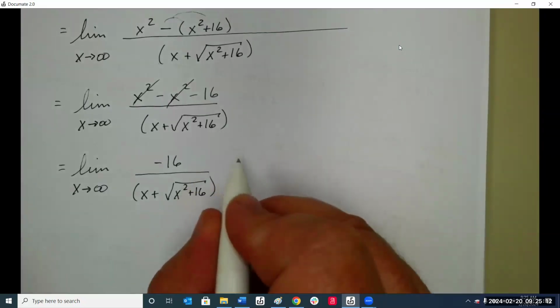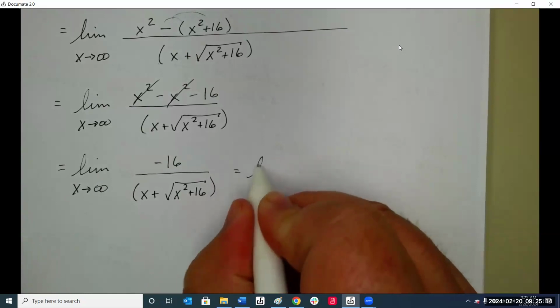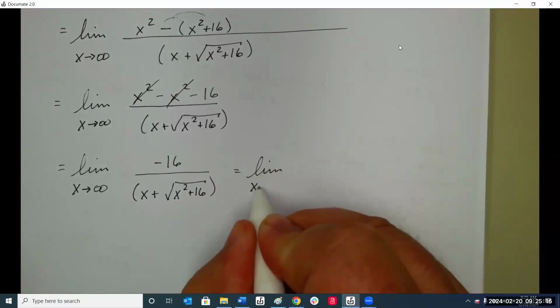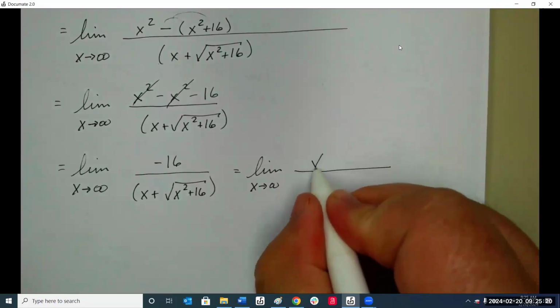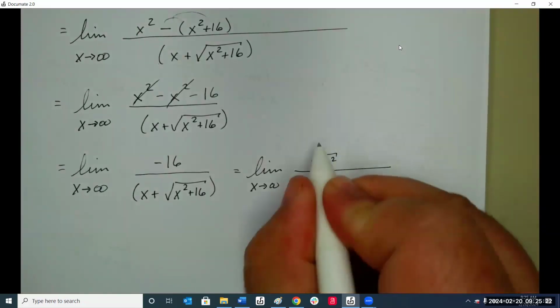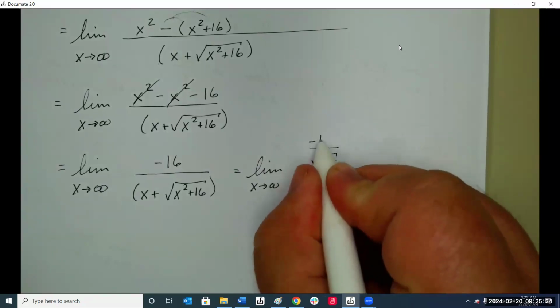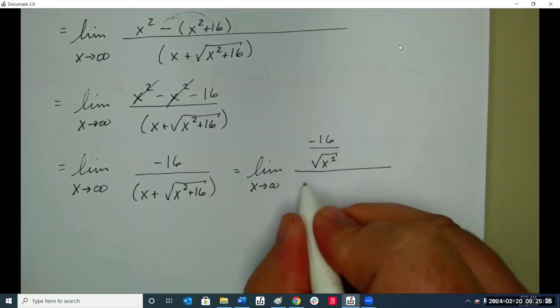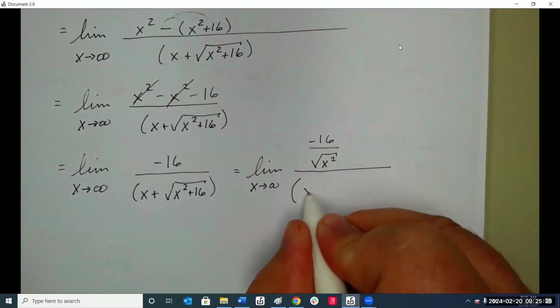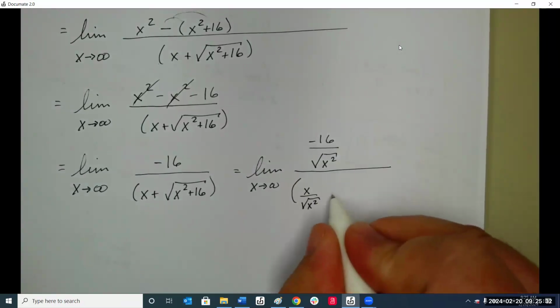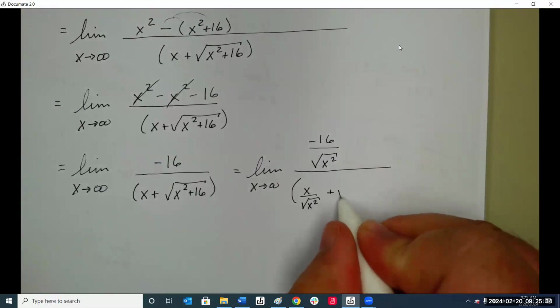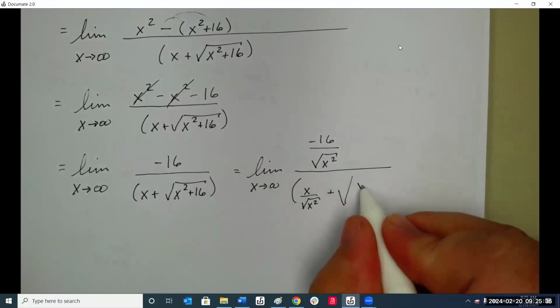So what we have to do is divide each term by the square root of x squared, since that's already inside there.